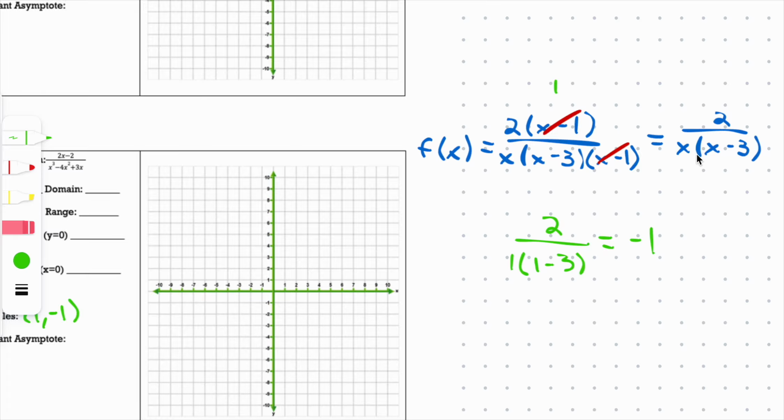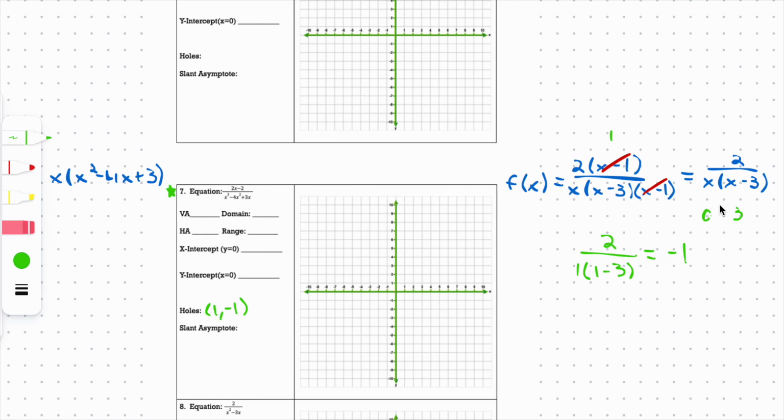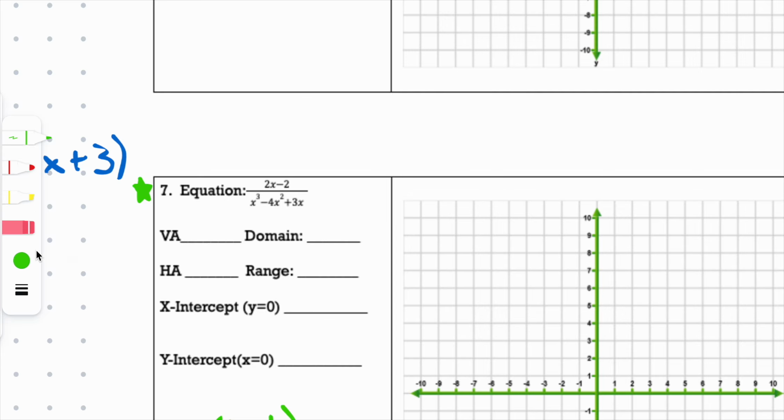So when does our denominator equal 0? Well, we have to set each of these equal to 0, so x has to equal 0, and x minus 3 has to equal 0. When does x minus 3 equal 0? When x equals 3. So we have vertical asymptotes at 0 and 3. So I'm going to write that here.